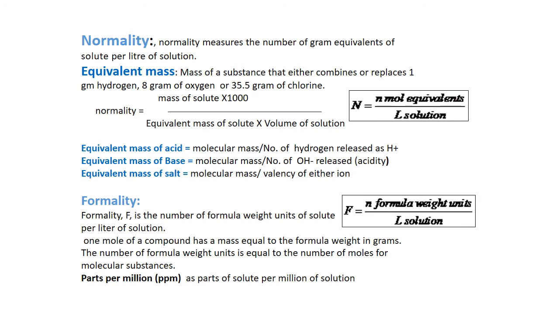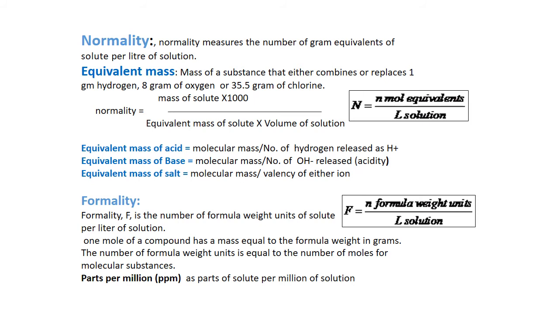Equivalent mass of base is equal to molecular mass divided by number of OH minus ions which may be released, and that is called acidity. Equivalent mass of the salts can be calculated by using molecular mass divided by valency of either ion. So equivalent mass can be calculated, and that can be applied in the formula for normality.